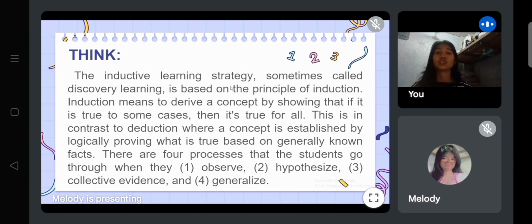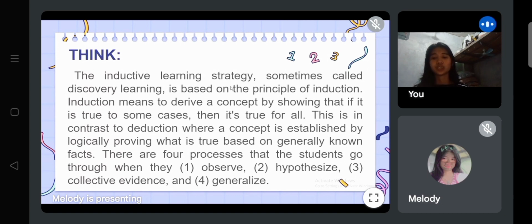This is in contrast to deduction, where a concept is established by logically proving what is true based on generally known facts. In an inductive learning lesson, a teacher is designed to facilitate activities to guide the learners in discovering a rule.